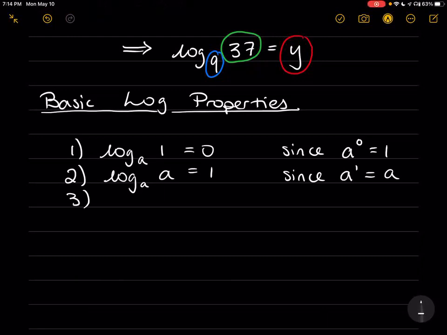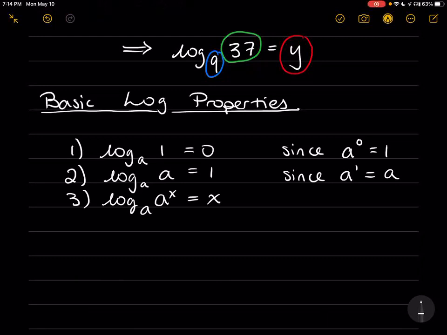The next two are very important. Log base a of a raised to the x power is x. So you can really see here that the log is undoing the exponentiation here.